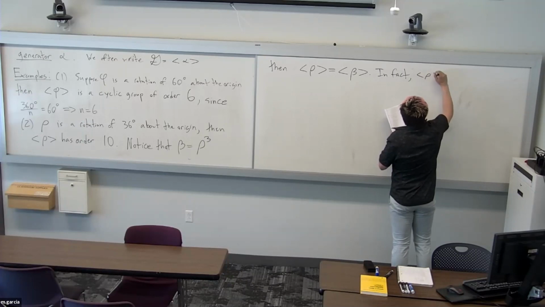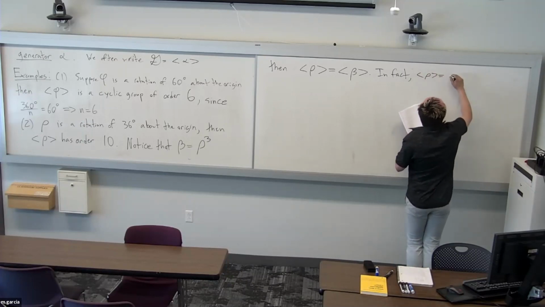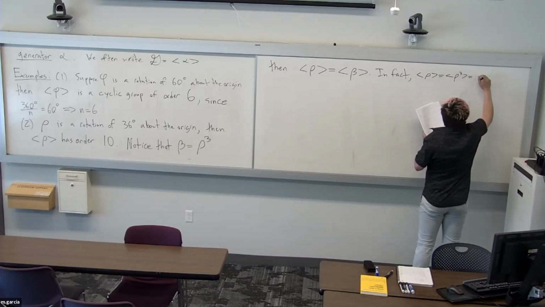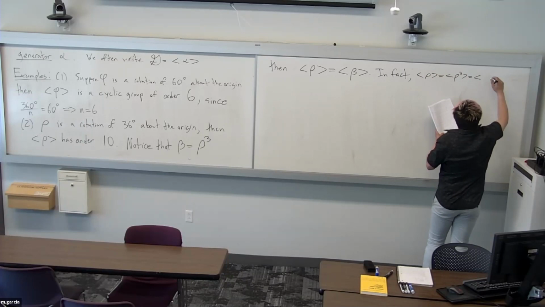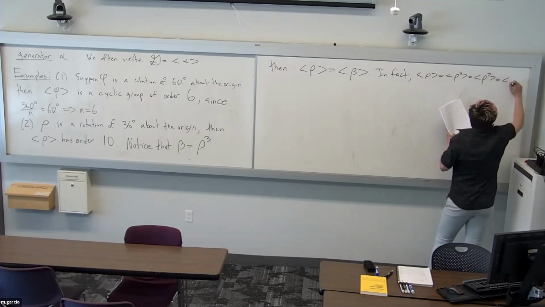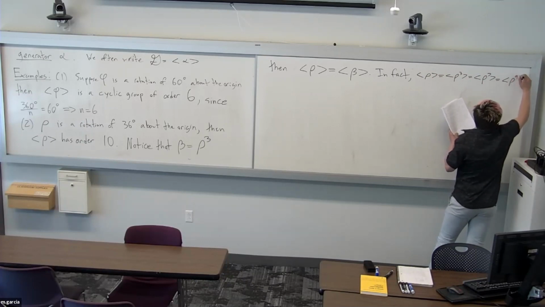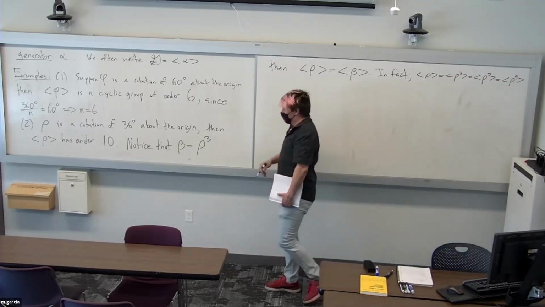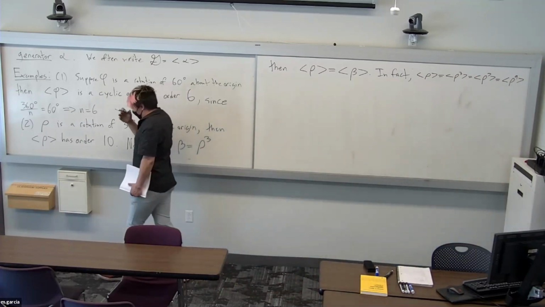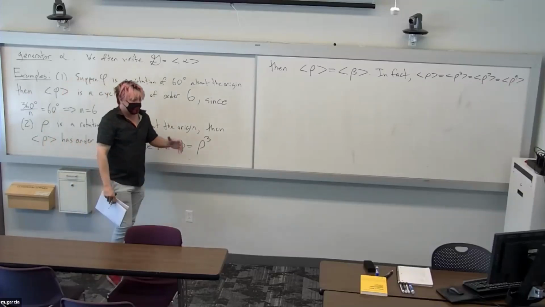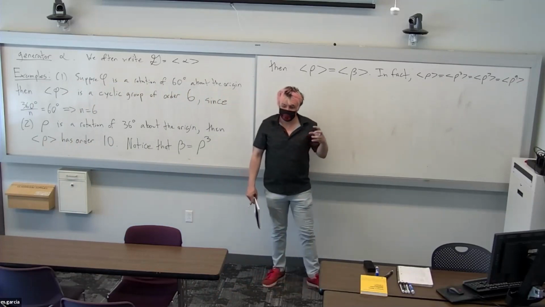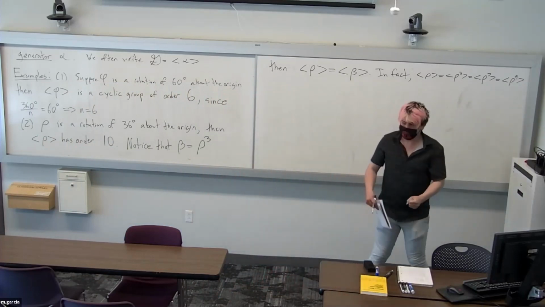The cyclic group generated by rho is equal to the cyclic group generated by rho cubed, i.e. beta, is equal to the cyclic group generated by rho to the 7th, is equal to the cyclic group generated by rho to the 9th. So I'm just telling you this, and you're going to work out how it goes tonight.